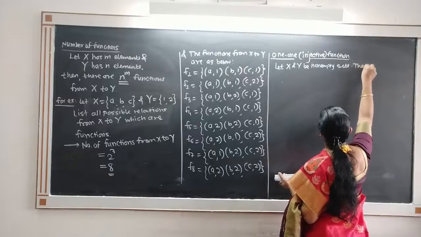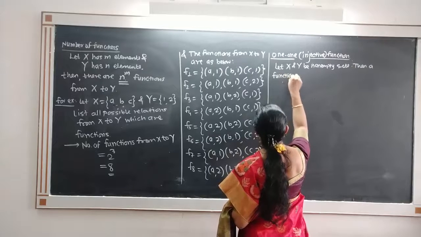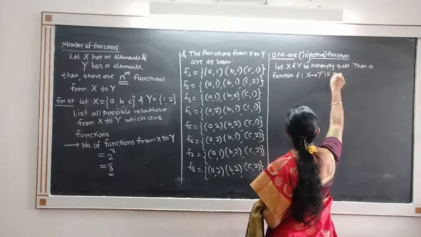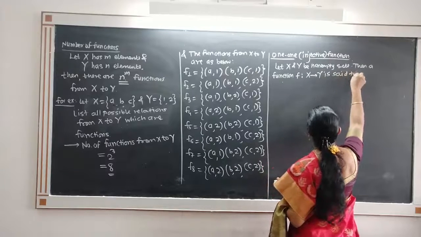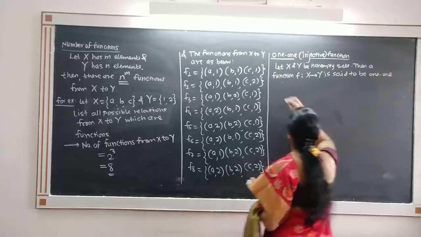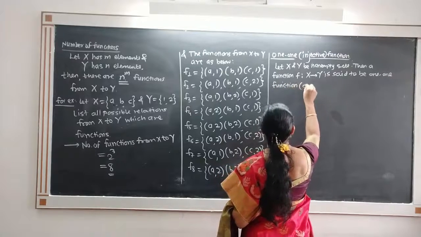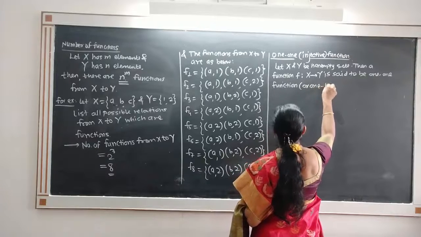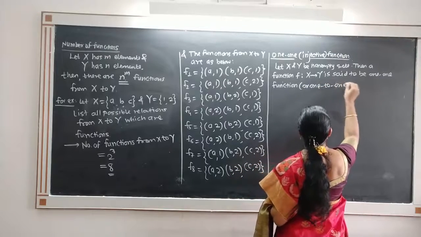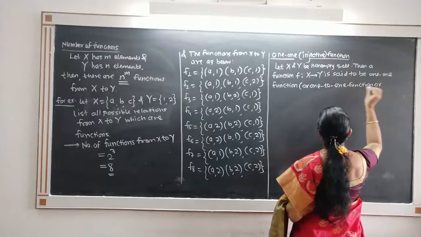Then a function f from x to y is said to be 1-1 function, or it is also known as 1-to-1 function, or it is also known as injective function.